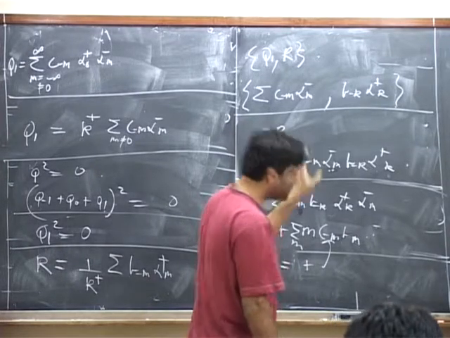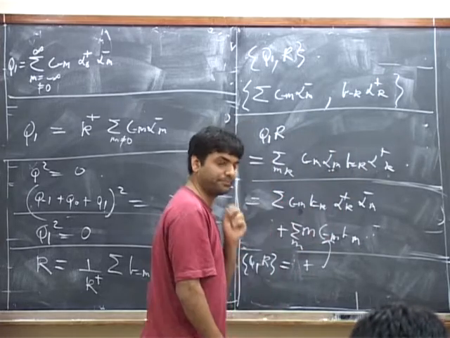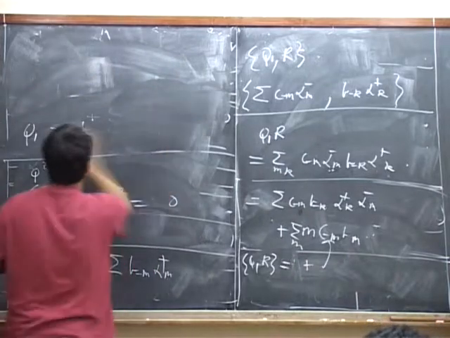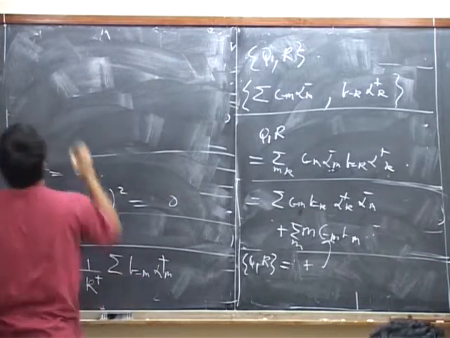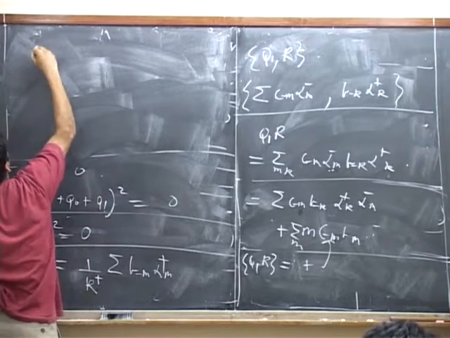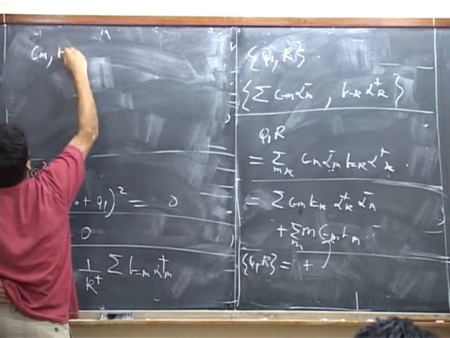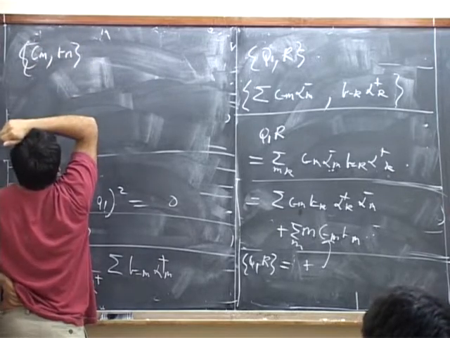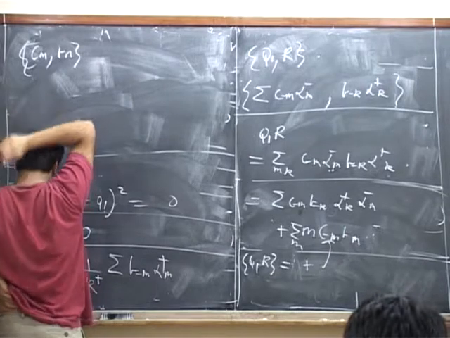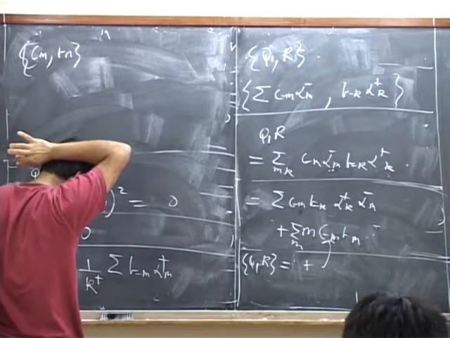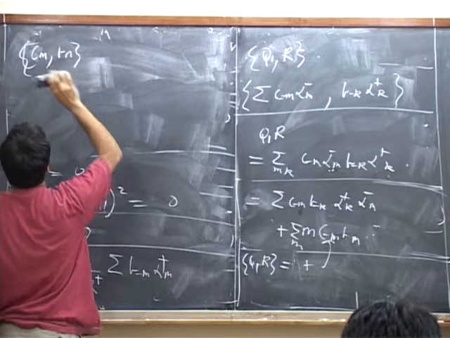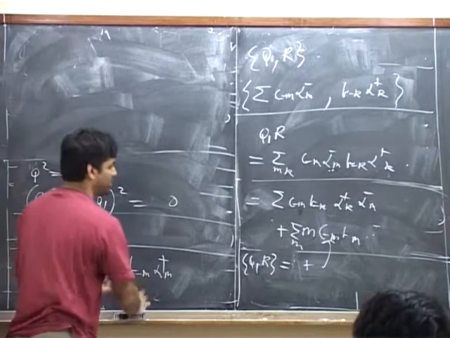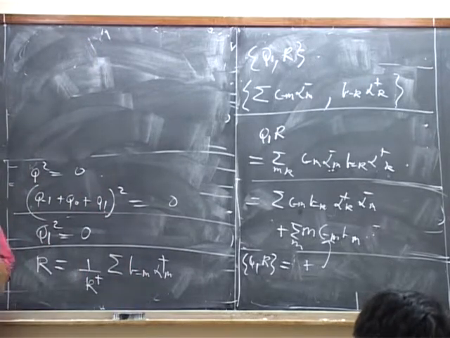We want annihilation with creation equal to 1. So remember what the anti-commutation relations of C and B were. CM, BN. This is fermionic, so it is just one.